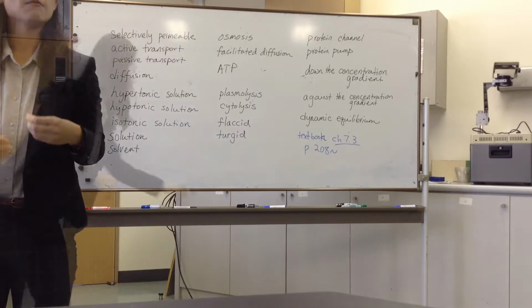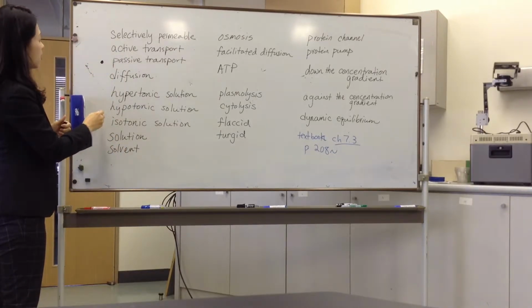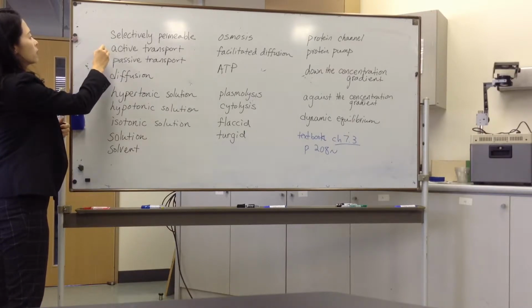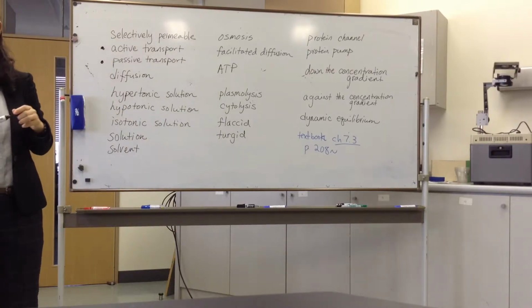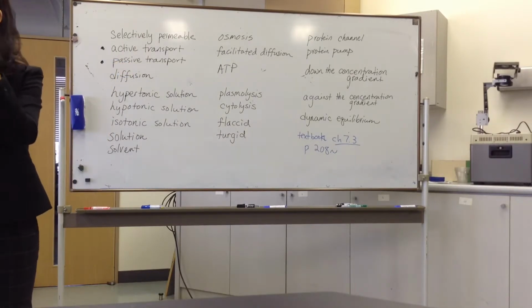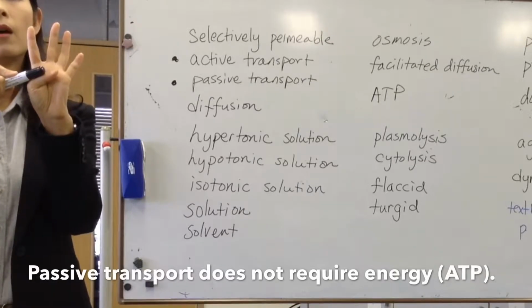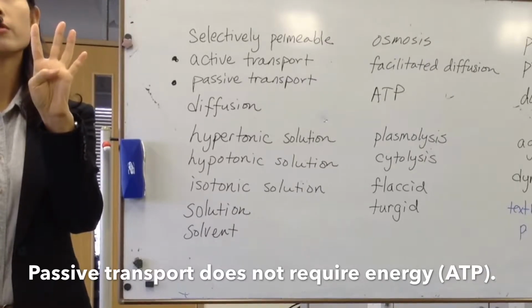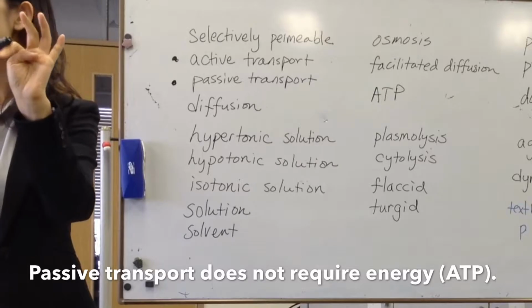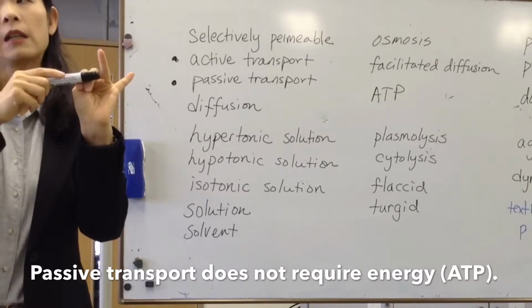All right. So let's look at passive transport. We have passive transport and active transport. We'll save active transport for later. Now, passive transport is when it does not require energy. And it happens maybe involving channel proteins or just through the cell membrane, the phospholipid bilayer.